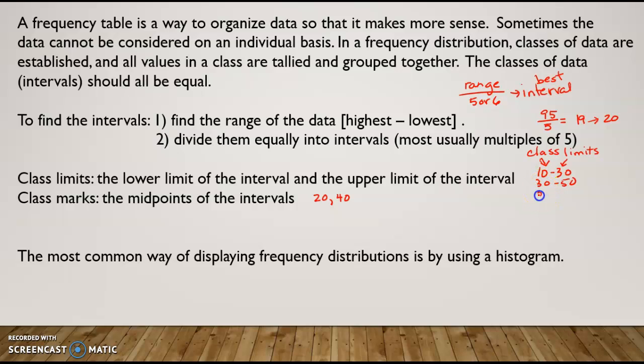And the rest of them: 50 to 70, 70 to 90, and 90 to 110. So we've got all of these class limits, 10, 30, 50, 70, 90, and 110, and your class marks, 20, 40, 60, 80, and 100. And that would put you into your histogram.